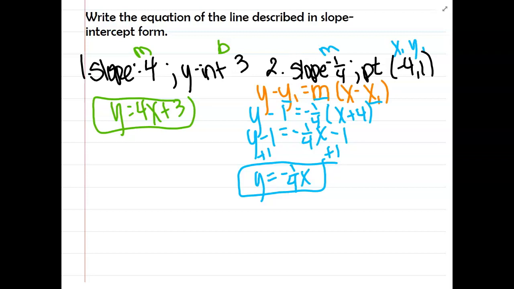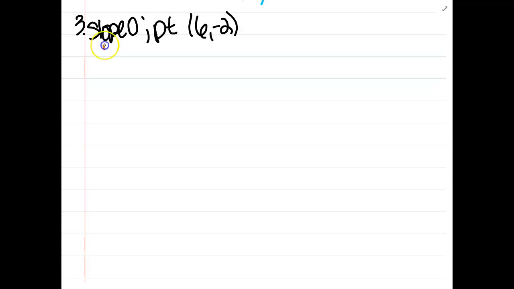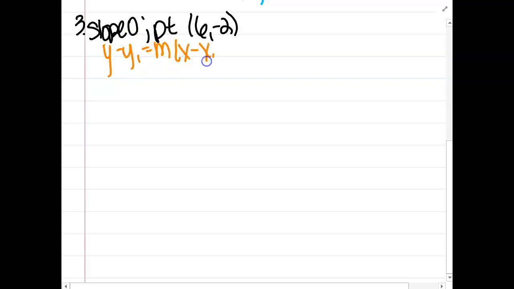Okay, let's try another one kind of like that. Number 3, let's write the equation of a line that has a slope of 0 and passes through 6, negative 2. Okay, we're going to have to use point-slope form: y minus y1 equals m times x minus x1.